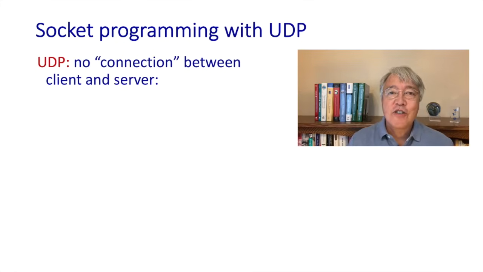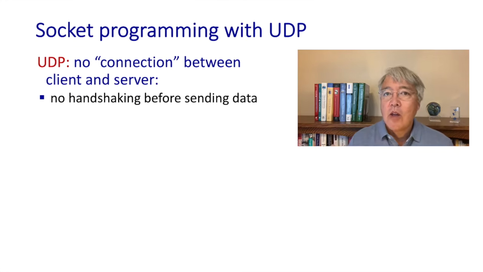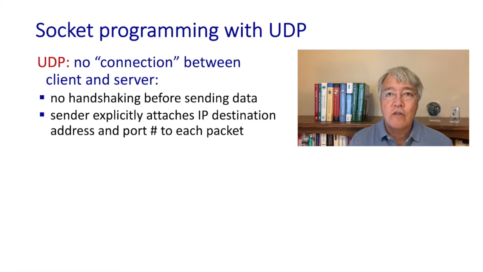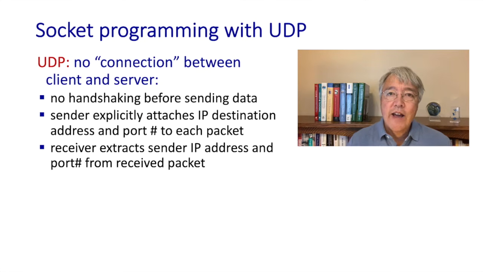With UDP service, there's no connection between the client and the server. That means there's no handshaking involved before the client and server can communicate. It also means that when the client is going to send data to the server, it's got to explicitly include the IP address and the port number of the server. On the server side, when the server receives a datagram, it's going to have to extract out the client IP address and the client port number to know who it's talking to.